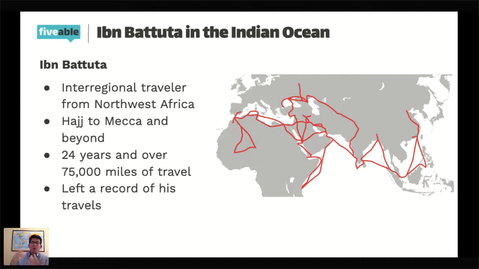He was born in present-day Morocco in 1304. When he was about 22 years old, he set off on his Hajj to Mecca, his pilgrimage to Mecca. And of course, Mecca in the Arabian Peninsula, some travel in the Indian Ocean was for this purpose from all the different Islamic diasporic communities around the Indian Ocean.